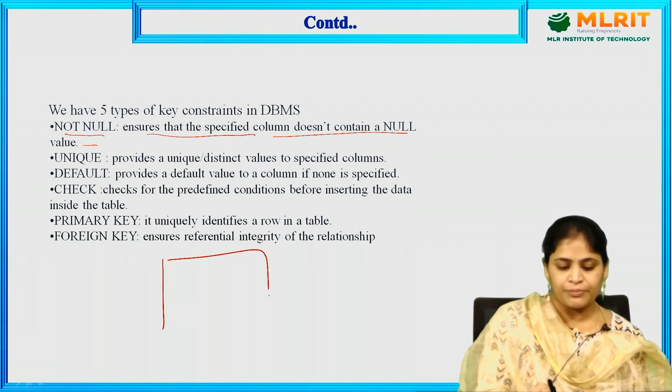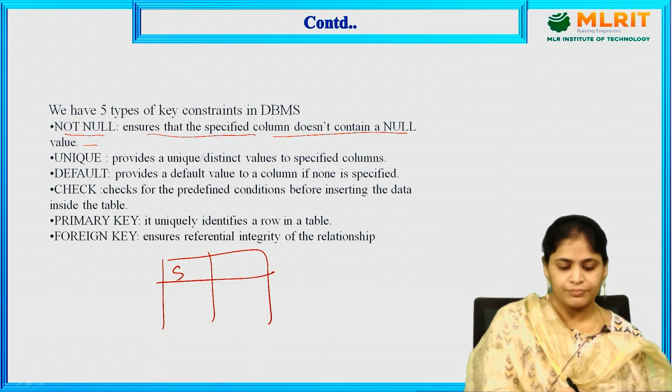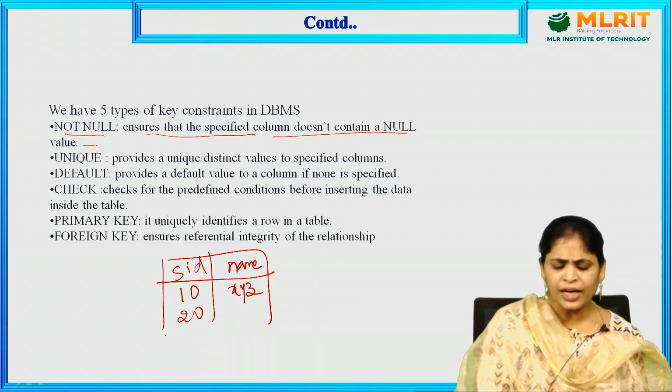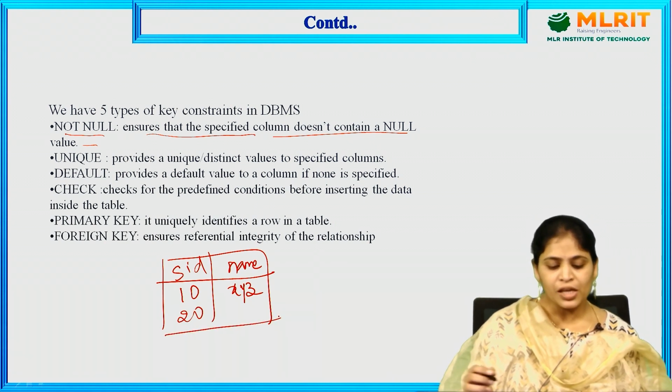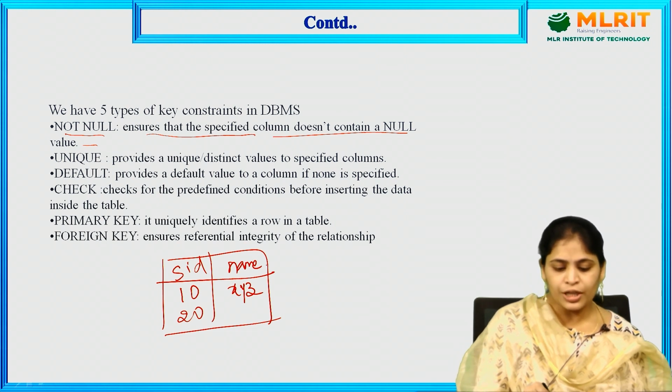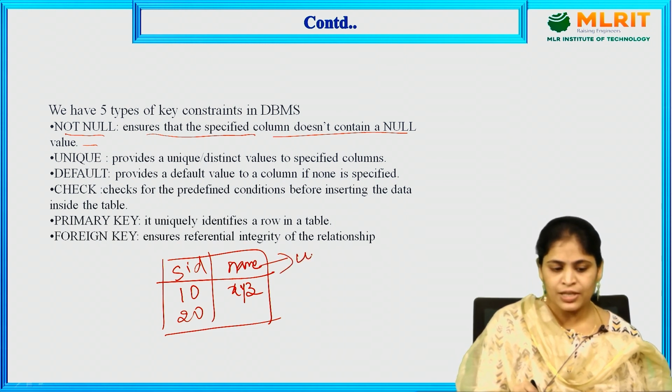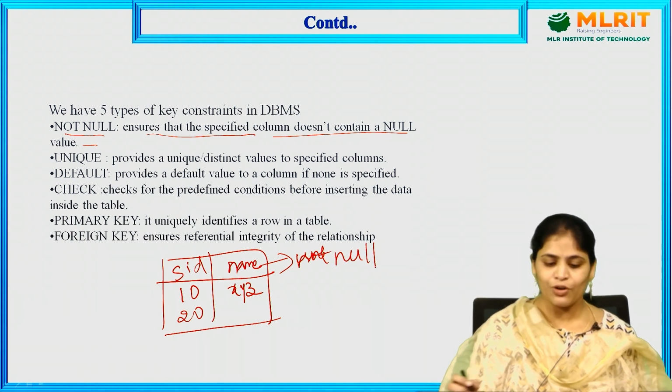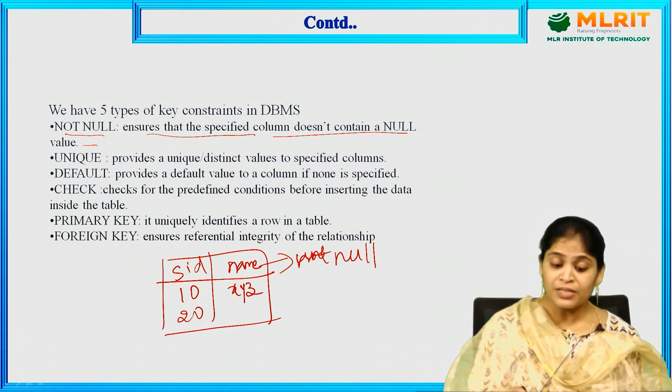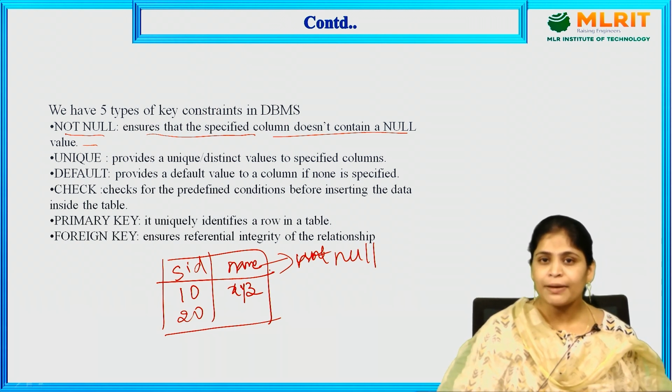For example, the name will be XYZ and SID 20. Here I didn't mention any name. If I represent this column as unique and this column as not null, that means this column will not accept null values.